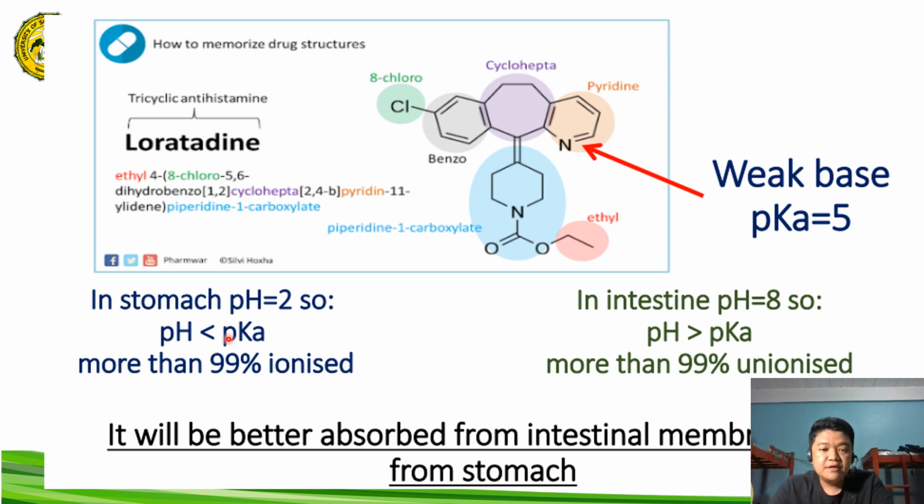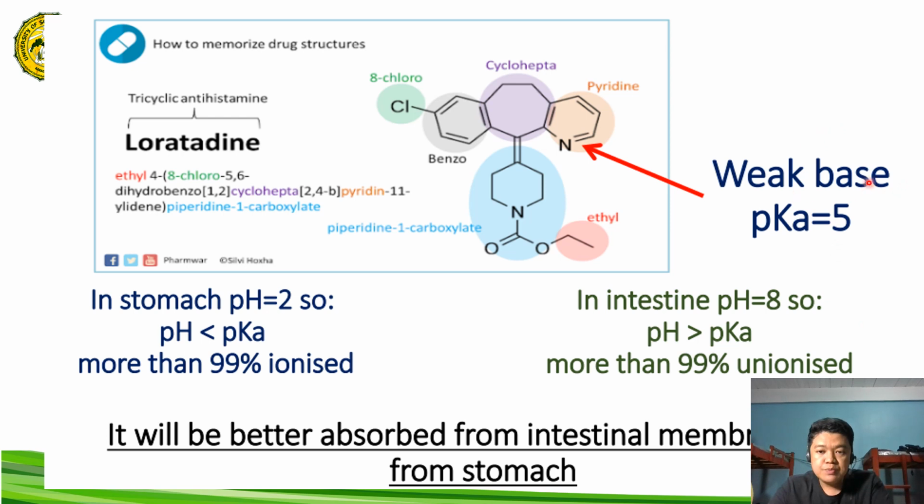Again, the predominant form here is the ionized form because this is an acidic environment, and the predominant form here of our loratadine will be the unionized form because this is a basic environment. When we put a basic drug in a basic environment, that drug will normally be absorbed.